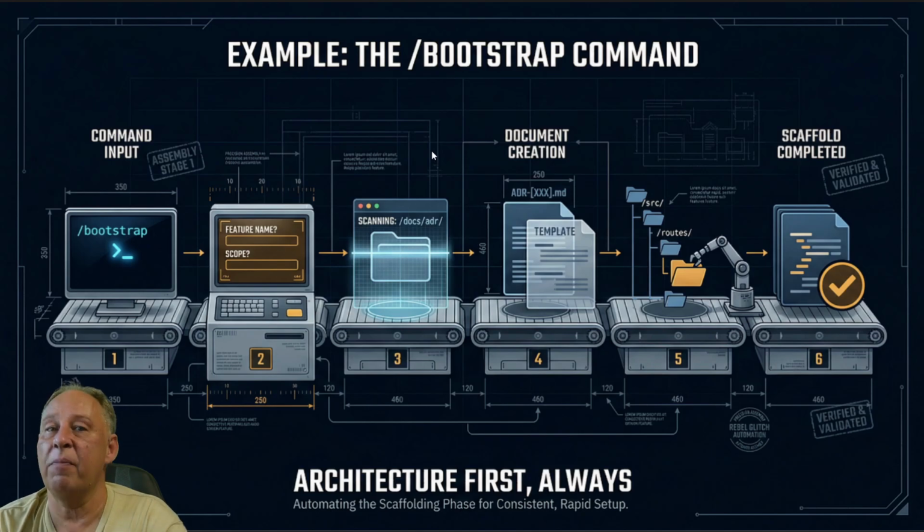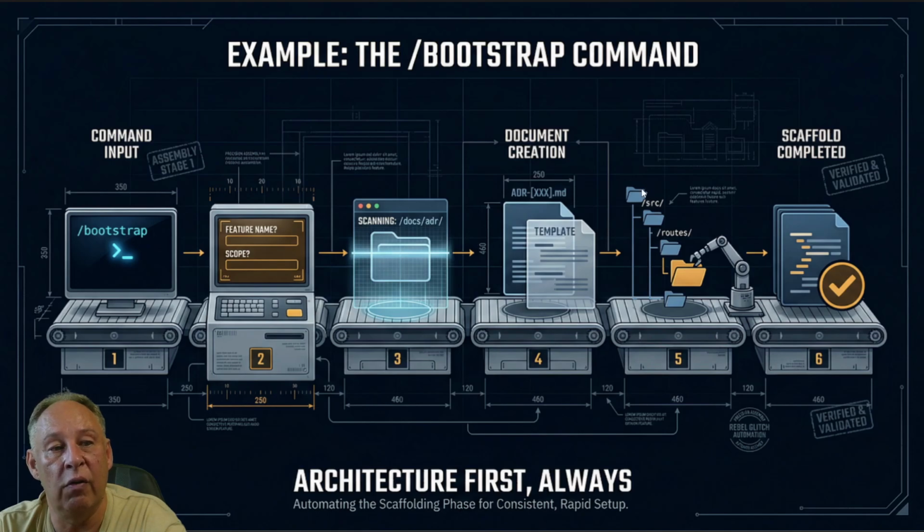So the bootstrap command we're going to do is simple. You type bootstrap, it asks you what's the feature name, what is going to happen, a short description of it. It goes and scans through your ADR documentation, finds the last one, creates a new one with a new number. So if you ended on 005, it will start a new one called 006 with the feature name.